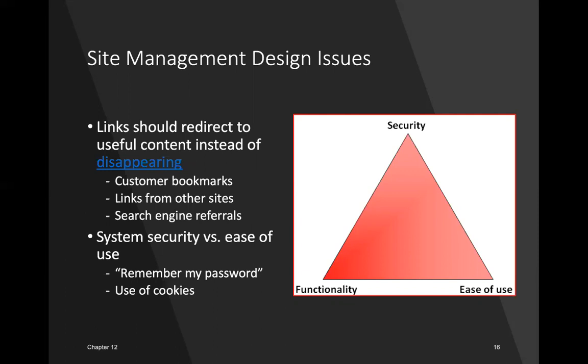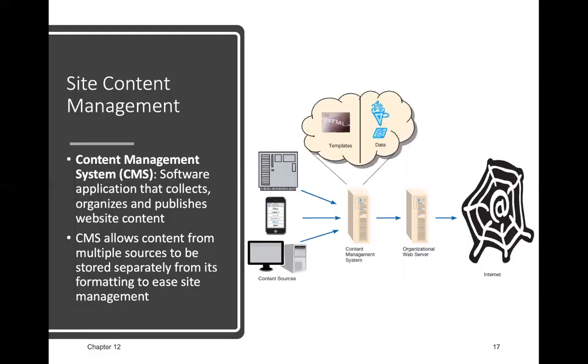What else do we have to think about? We need to think about site content management. So a CMS, a content management system, is a software application that collects, organizes, and publishes website content. So we might get this from data warehouses, personal databases, inventories, lots of different sources of content that is relevant to us.